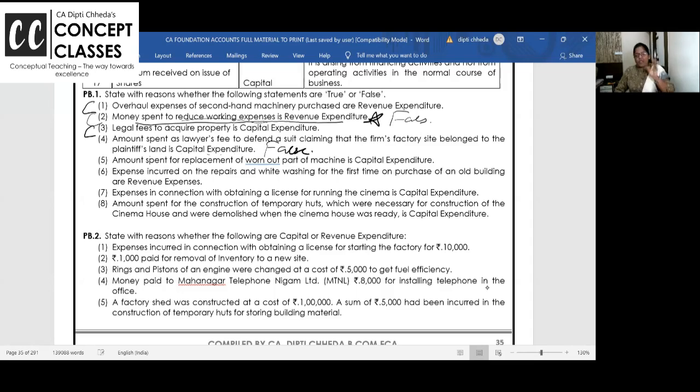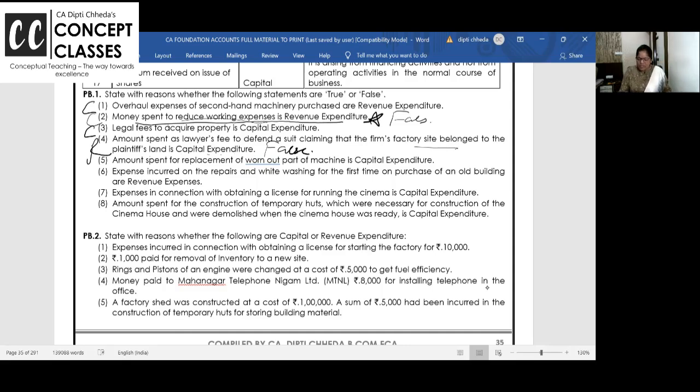False. You are not purchasing a property. Already you have a factory site. Amount spent as lawyers' fees to defend a suit claiming that firm's factory site belonged to plaintiff's land. Just you are fighting a legal fight that this property is already ours and it is ours, someone has claimed. So it is your routine revenue expense. Legal expenses are incurred in company.